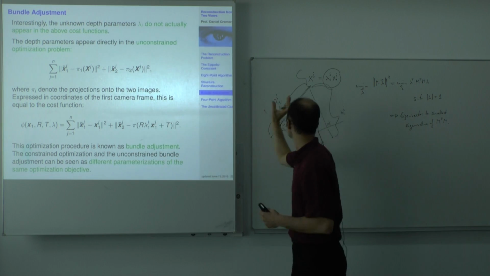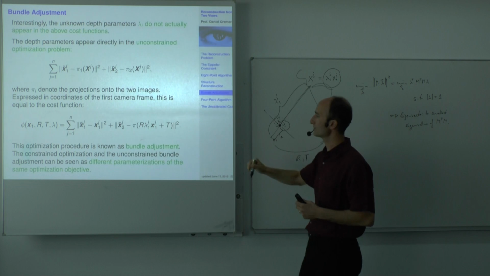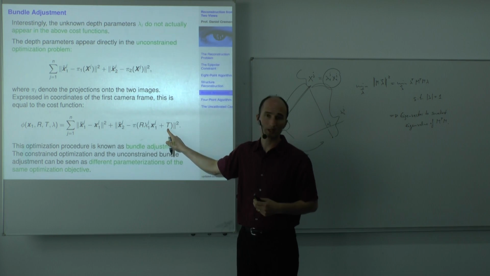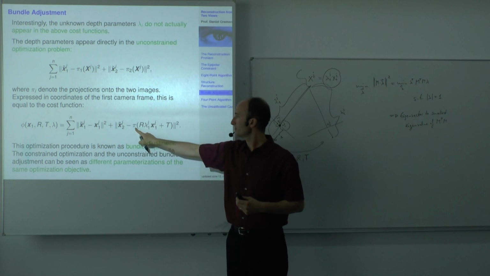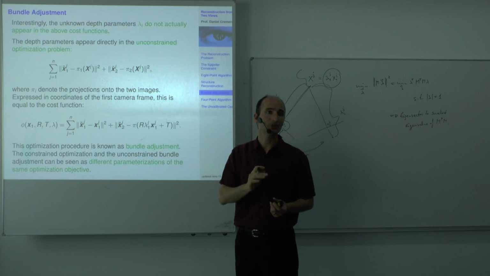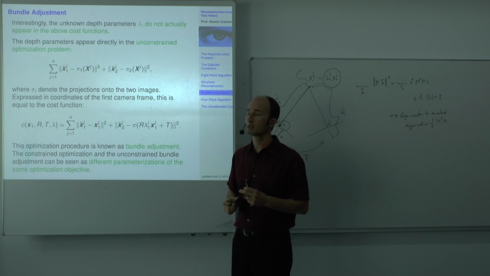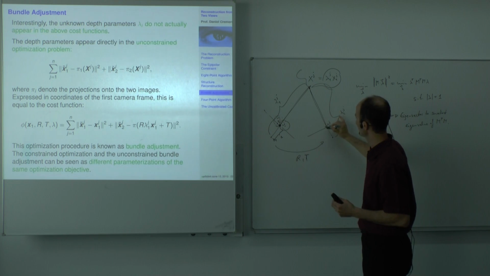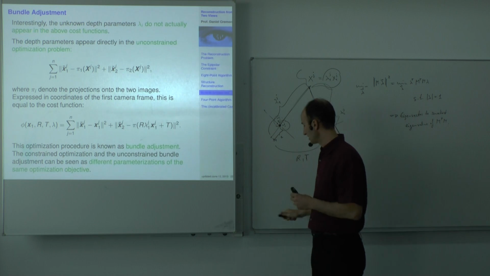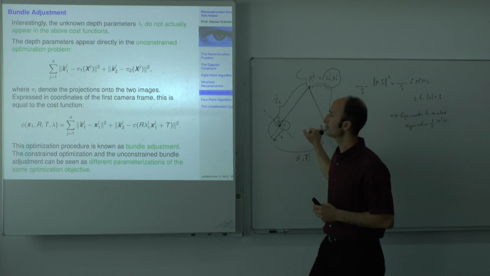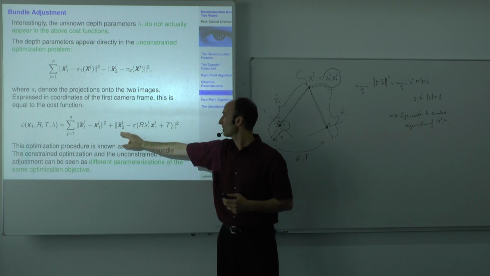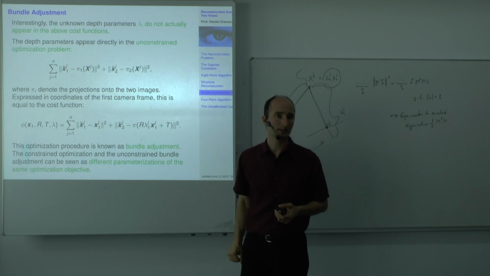Then we rotate and translate into the coordinates of the second camera, rotation of that 3D point plus translation, and then pi is the generic projection onto the second image plane. So that is the projection that maps it just down to that point. And the point where I end up with should be close to the observed 2D coordinate, close in that least squares sense.